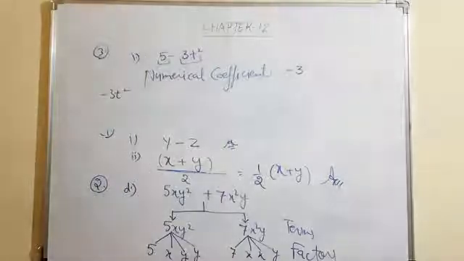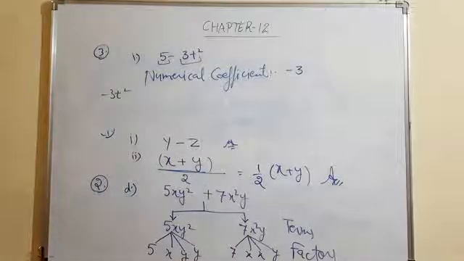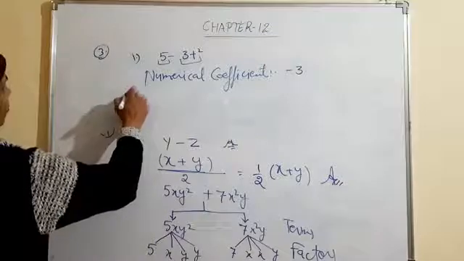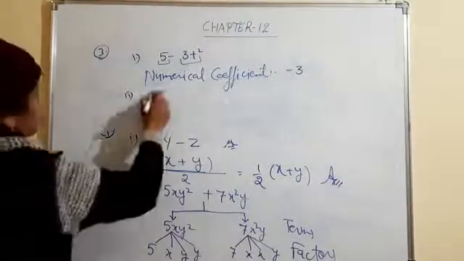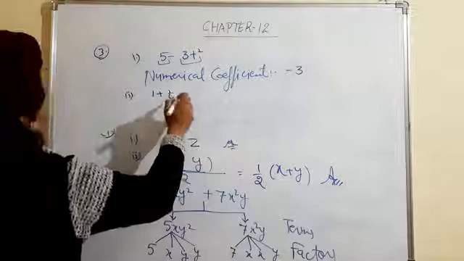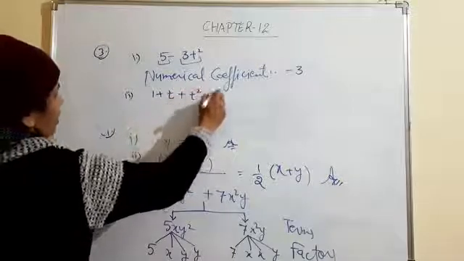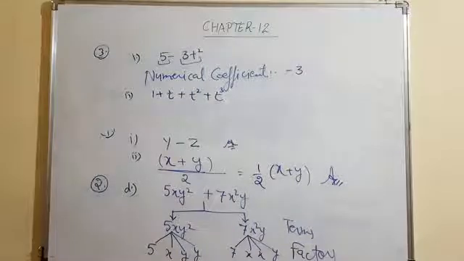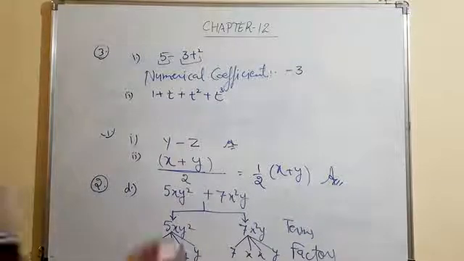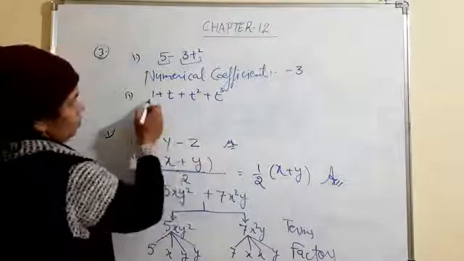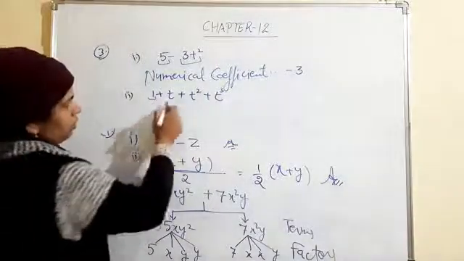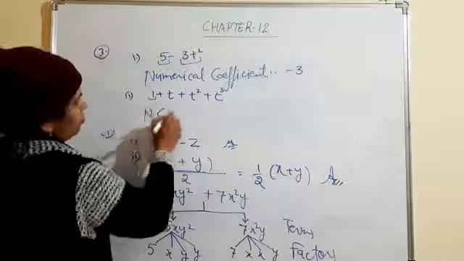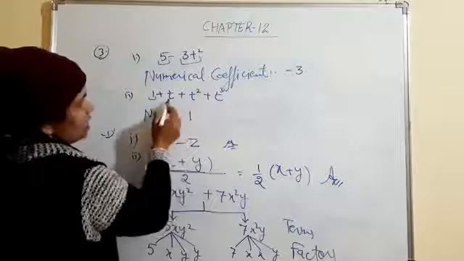Okay. I'm taking one more example. The second one we have is 1 plus t plus t square plus t cube. Now, the numerical coefficient with the variable. Again we have to leave the constant. Come here for the t. The numerical coefficient will be 1 for this t.